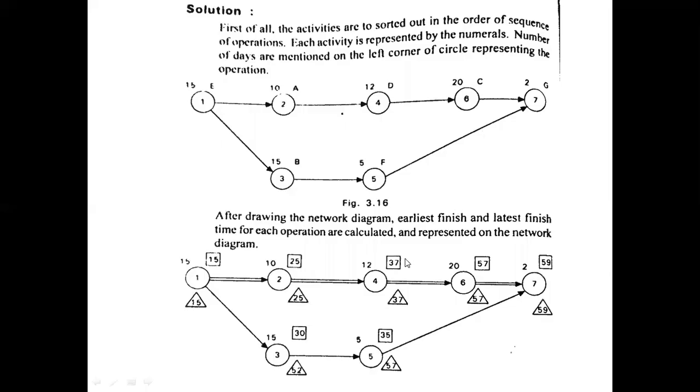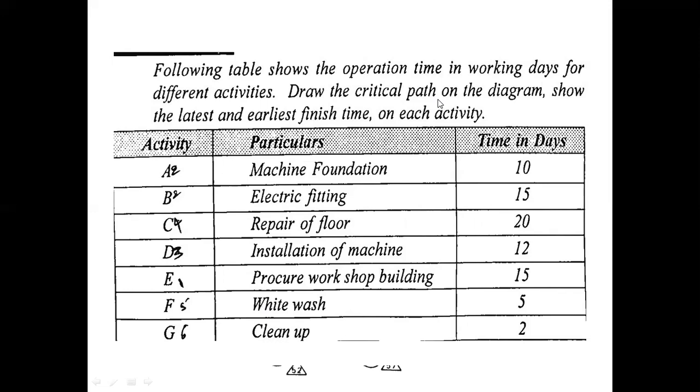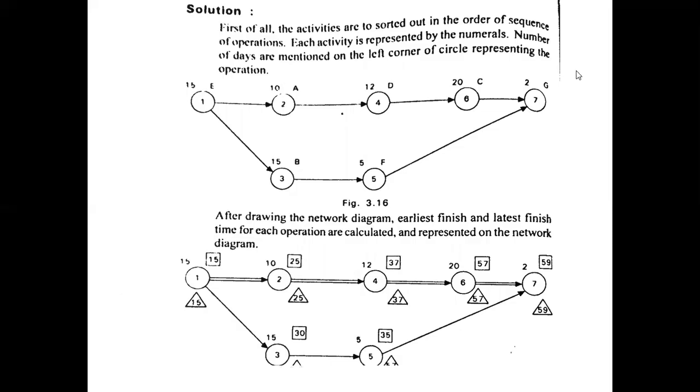That is F. What is C here? Repair of floor. Repair of floor can be done after installation of machine. Okay. This is the installation of machine, then repair of floor, and then finally it is cleanup. So this is the network diagram.